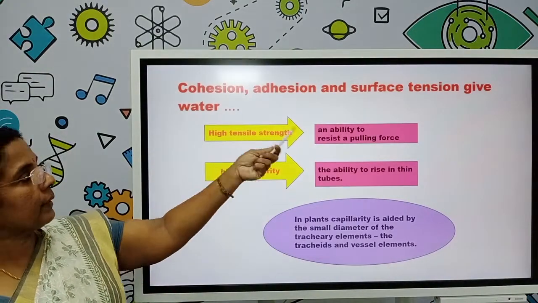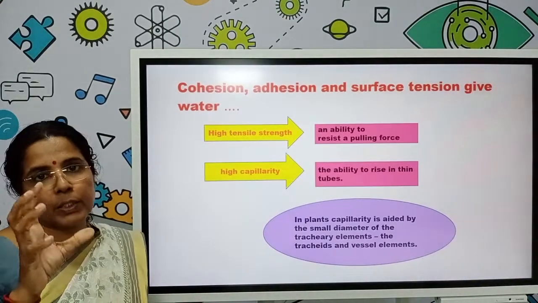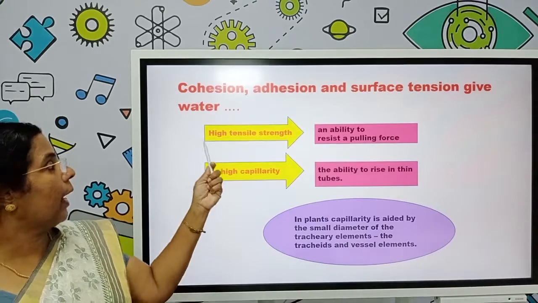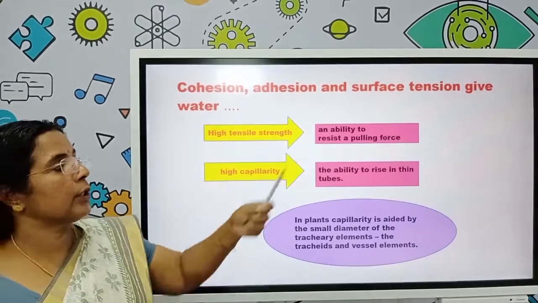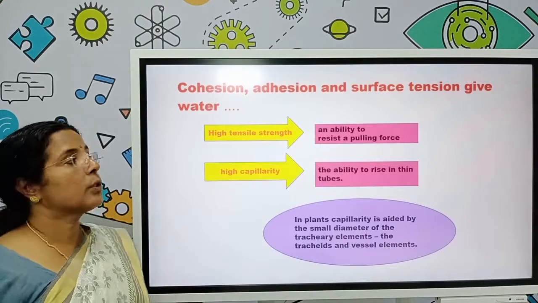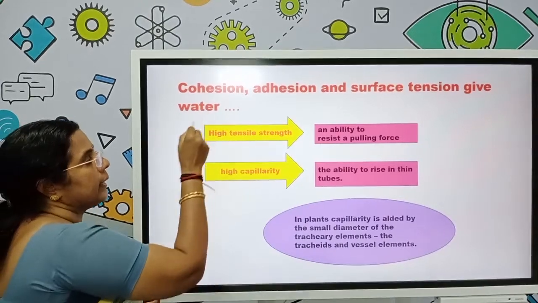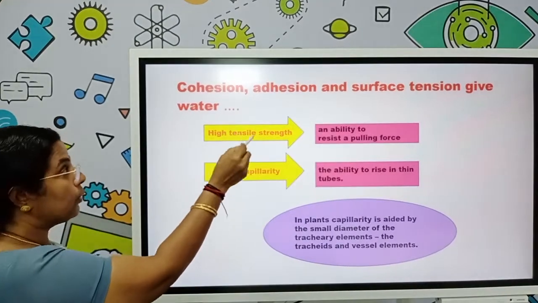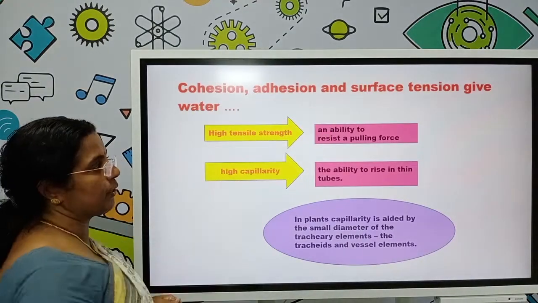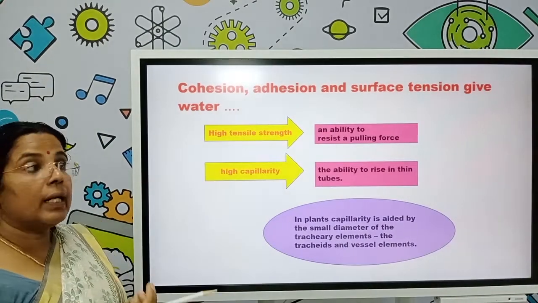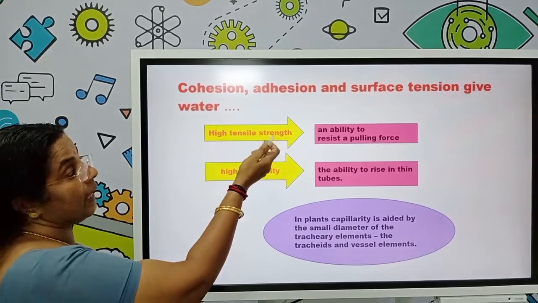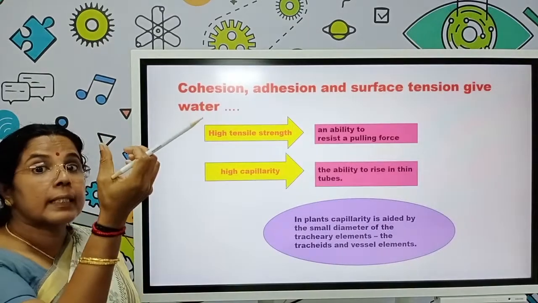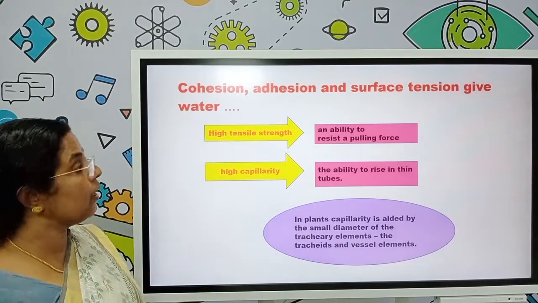Cohesion, adhesion and surface tension give water special qualities. That is what we call high tensile strength. High tensile strength is the ability to resist a pulling force. This is very good. The high tensile strength formed due to cohesion, adhesion and surface tension will resist the pulling force, which means it can resist the gravitational force.